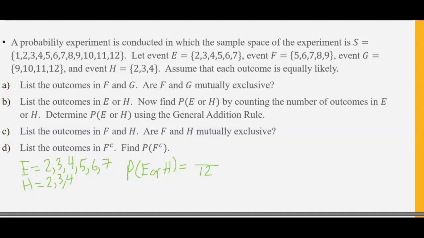And now E or H: I have a 2, a 3, 4, 5, 6, 7. So that's 6 numbers. H repeats 2, 3, 4, so we don't need to count those again. We simply need one version of each number. So there's a total of 6 things. By counting, we get 6 out of 12, which is equal to 1/2.